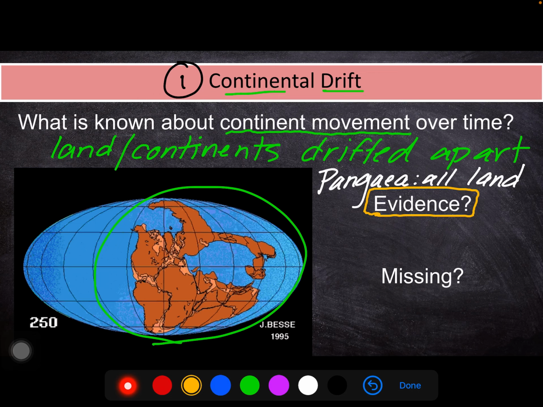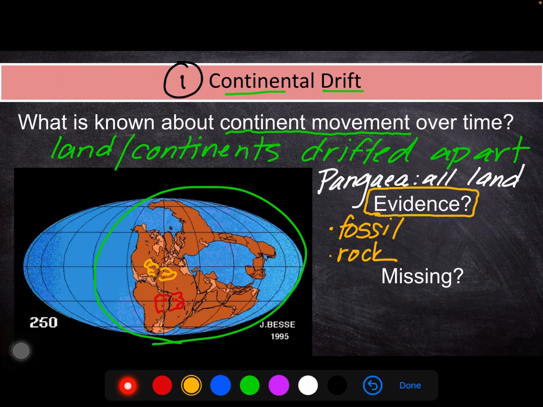thinking about evidence used. So the evidence we used was the fossil and rock detail found on the continents. And what we did is we reconnected those, right? We know that rocks and fossils, if they're exactly alike, they had to form together at one point in time.